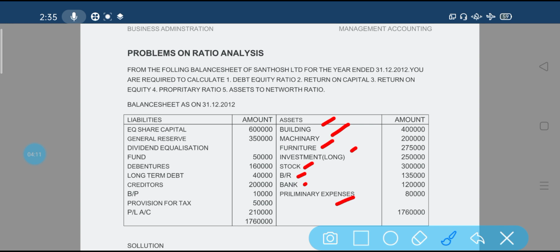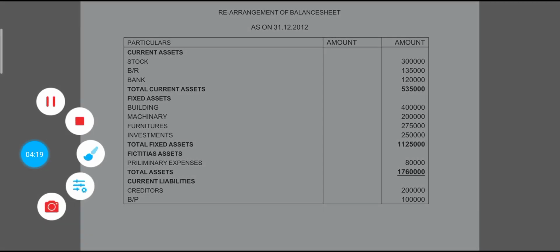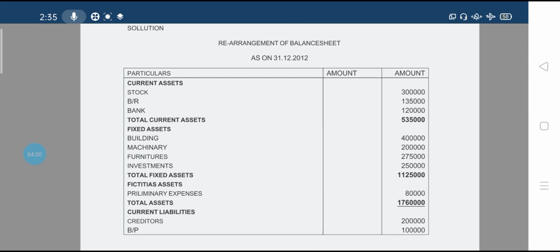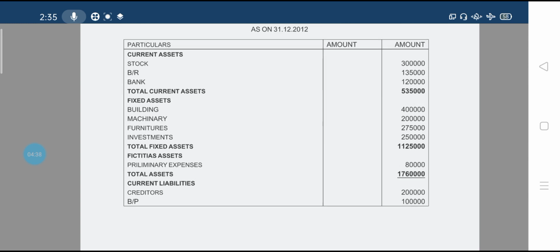They come under the heading of fictitious assets, 80,000. So total assets are 17 lakh 60,000. Let's check the total of the asset side is also 17 lakh 60,000.